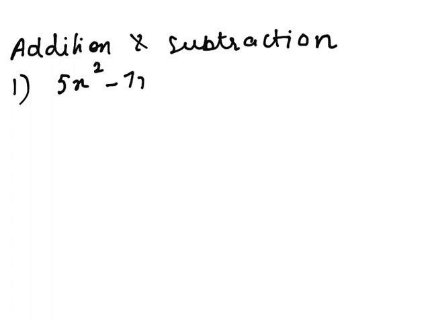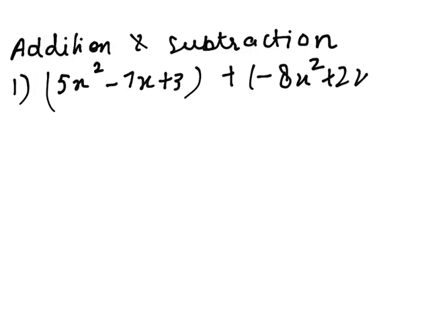Here I am starting with an example of addition of terms. 5x square minus 7x plus 3, plus minus 8x square plus 2x minus 5, plus 7x square minus x minus 2.